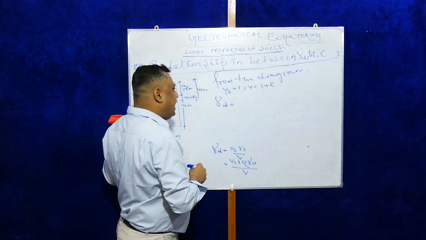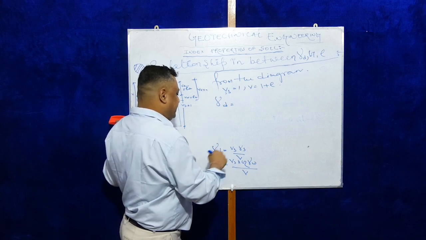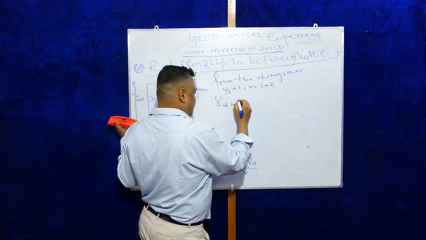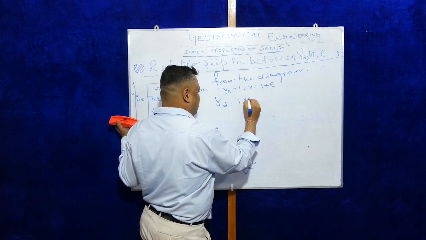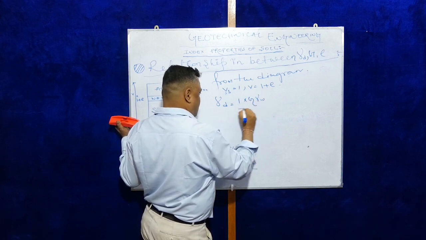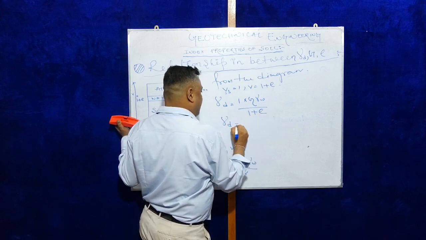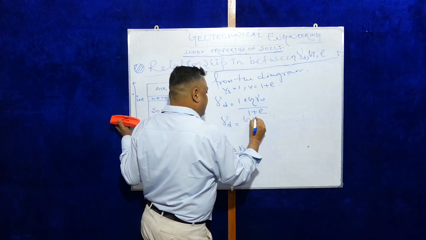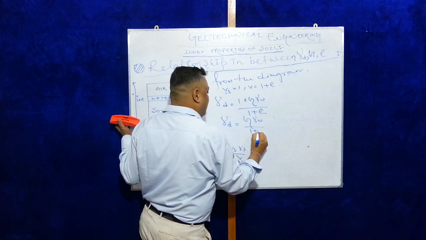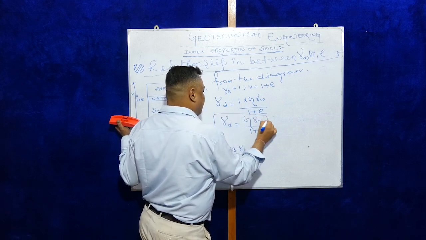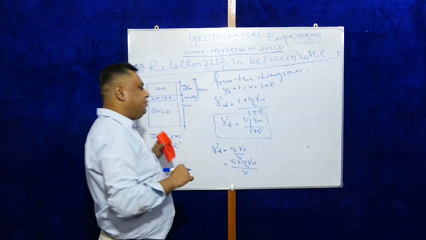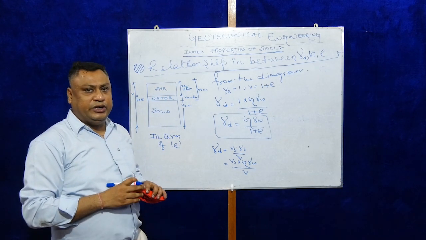Putting the value of Vs and V in this equation, Vs is equal to 1, into G into gamma W, and V is equal to 1 plus e. Therefore, gamma d is equal to G into gamma W by 1 plus e. This is the relationship between dry unit weight, specific gravity and void ratio of soil.